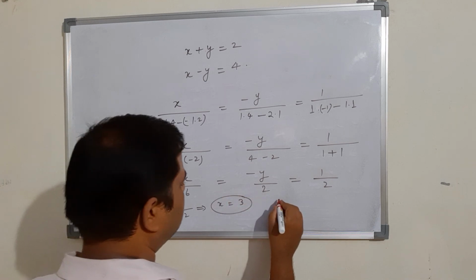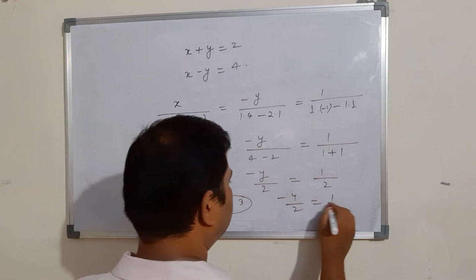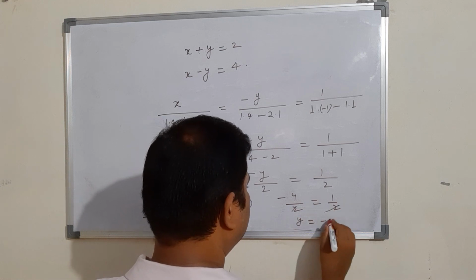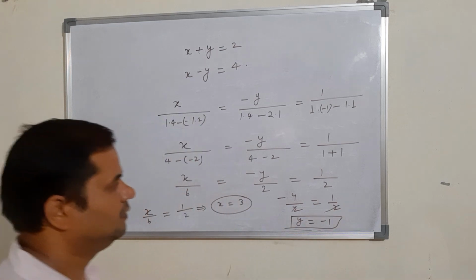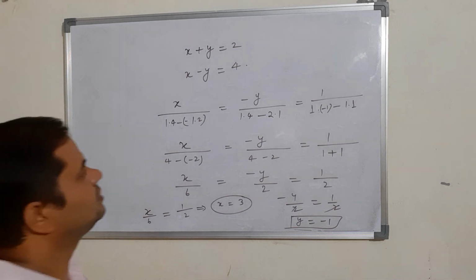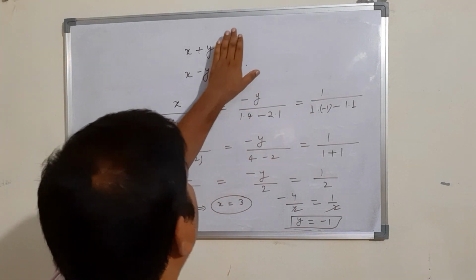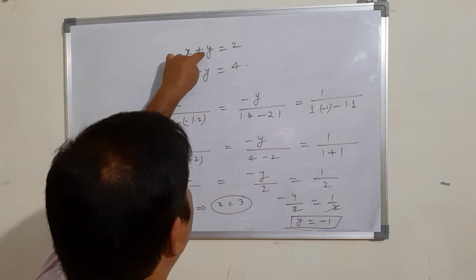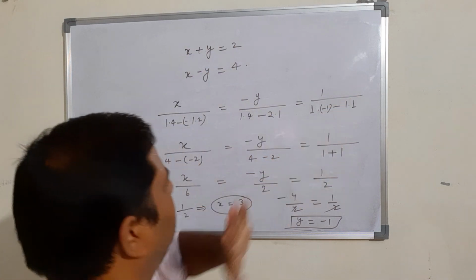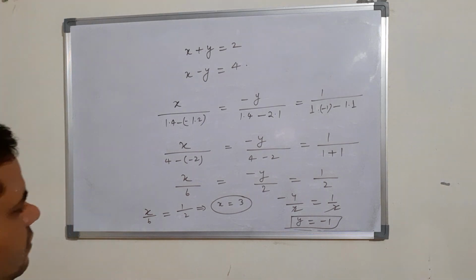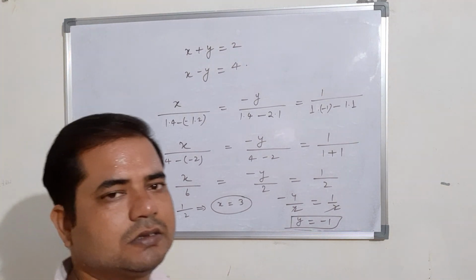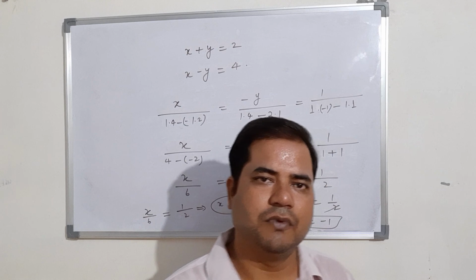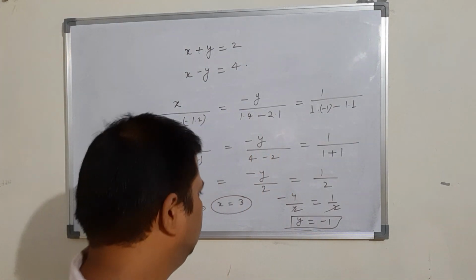This one is minus y by 2 is equal to 1 by minus 2, 2 cancel, y is equal to minus 1. Why? Because if you write 1 upon, this one is constant, minus 1 into 1 and minus of 1 plus 1. So the value of x is 3 and y is minus 1.